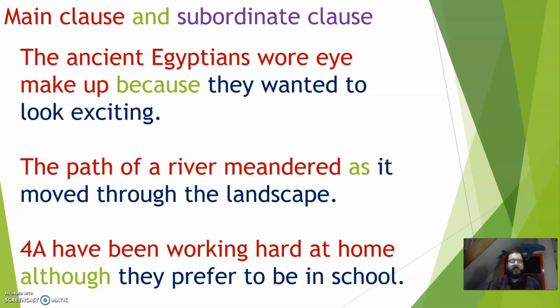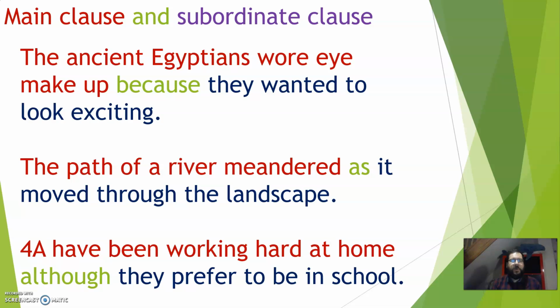Again, if you look at the second sentence, the path of the river meandered as it moved through the landscape. The path of the river meandered is the main clause and makes sense on its own. It moved through the landscape does not make sense on its own, but it does make sense if we join it with the main clause, and using that subordinating conjunction, we've added extra information to the main clause. And the final sentence, 4A have been working hard at home, although they prefer to be in school.